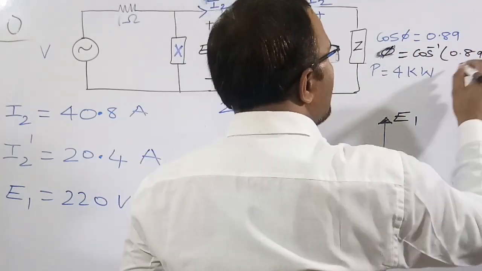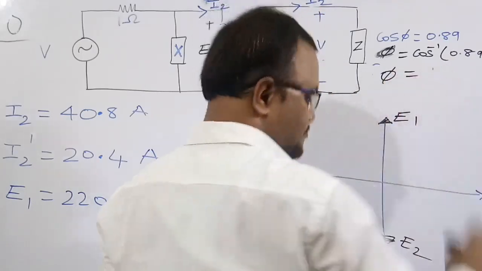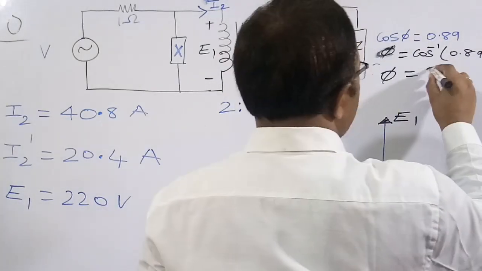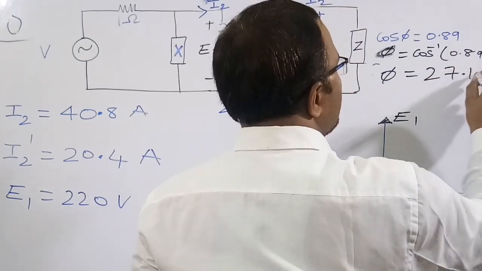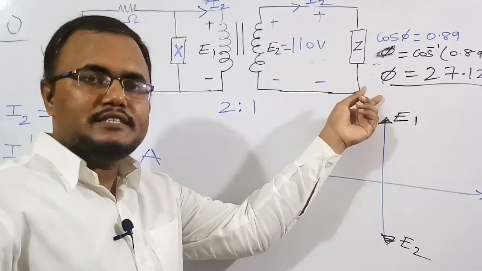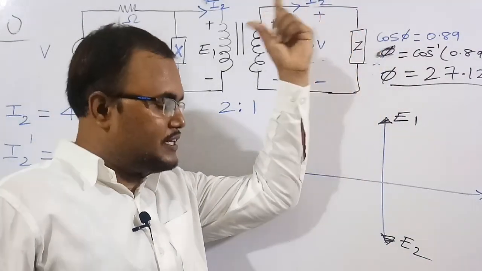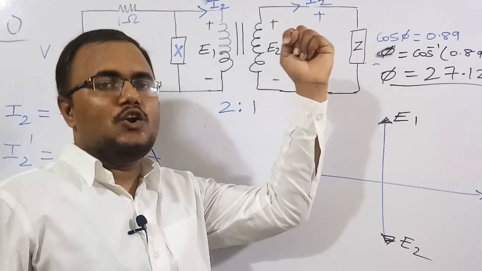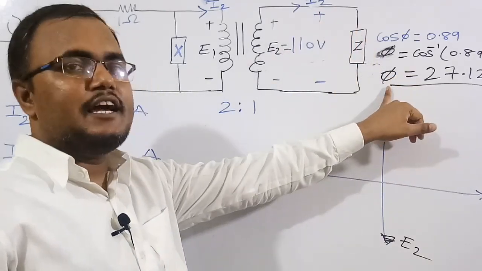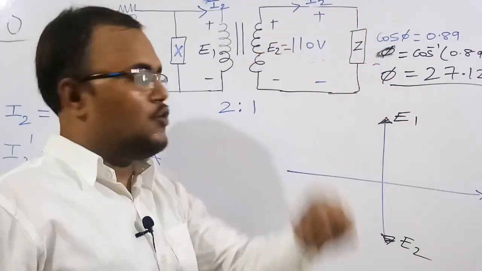If you do it, we get phi equal to 27.12 degree. Here phi is the phase angle between the voltage across the load and the current through the load.